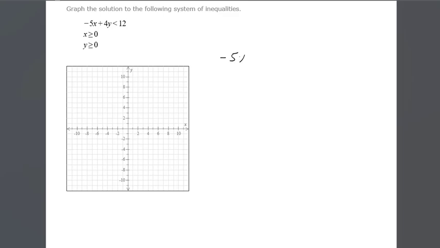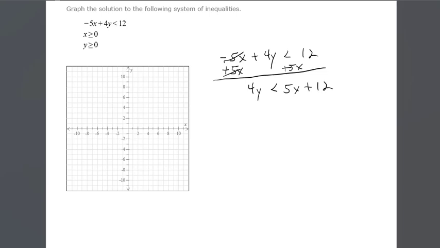So the first equation, negative 5x plus 4y is less than 12, is not in slope-intercept form. So we're going to start by isolating our y by adding 5x to both sides. That gives us 4y is less than 5x plus 12.